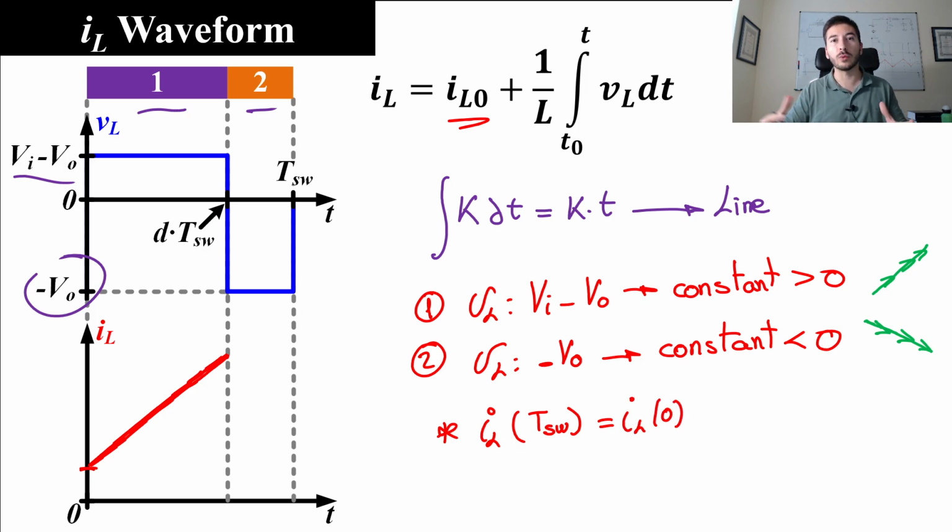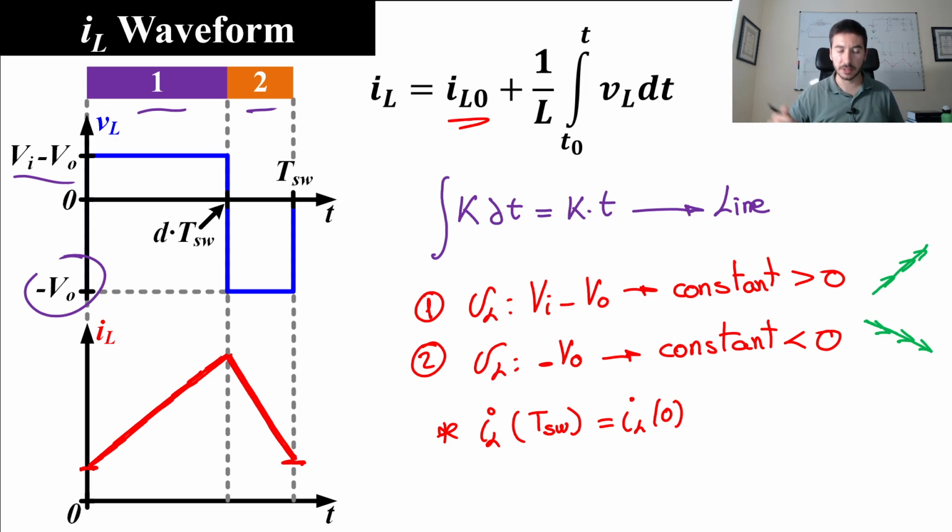So we know where we have to finish. We have to finish at this level, okay? So we will have something like this. Now we know that the shape of our current through the inductor is like a triangular waveform. And we finish at the same point that we have at the beginning of the period.